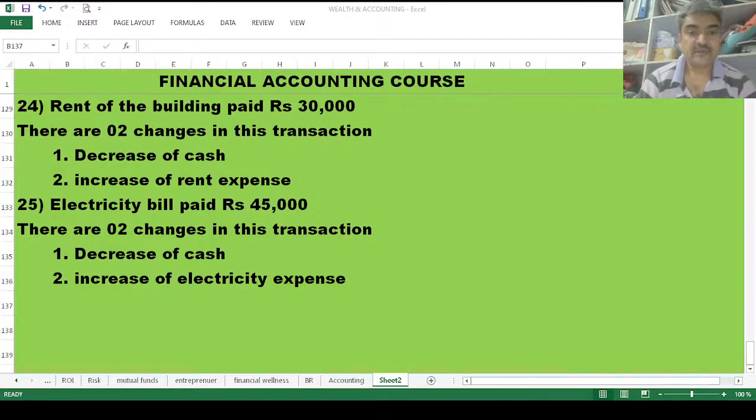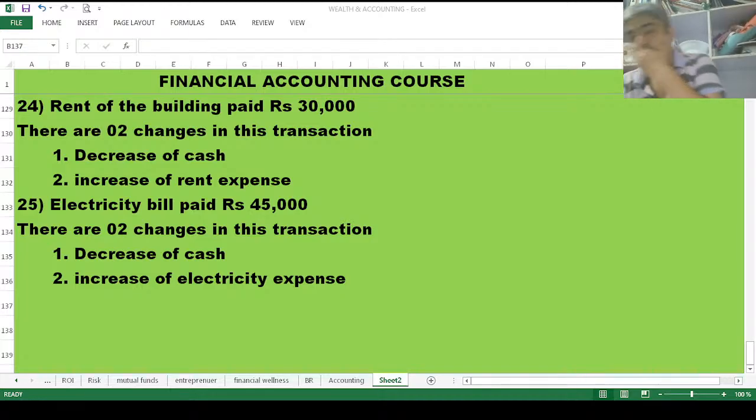So in all the above discussed transactions, it may be observed that in every business transaction there are at least two changes, and in some cases there are more than two changes. All these changes are recorded in the books of accounts of the business in separate accounts.